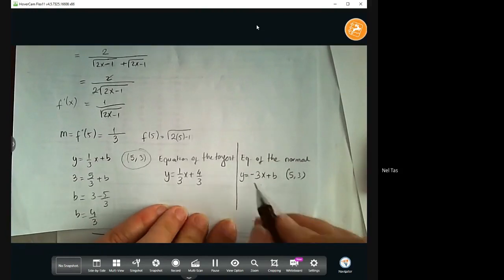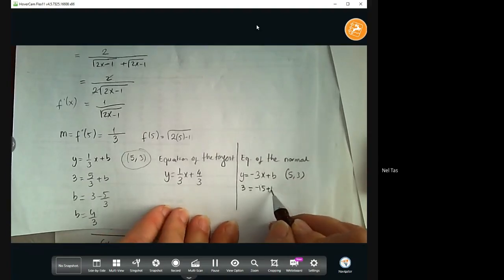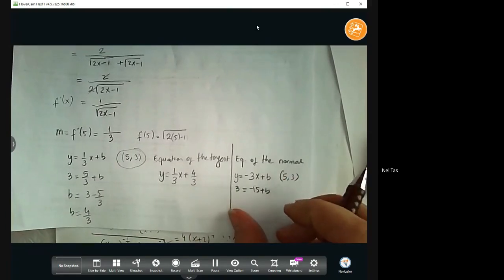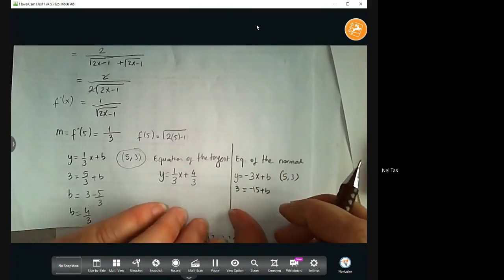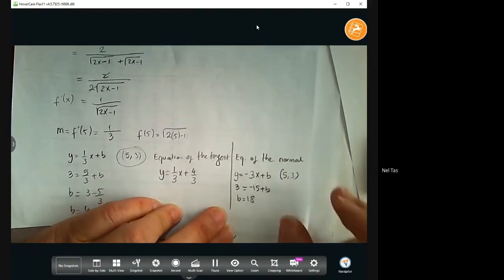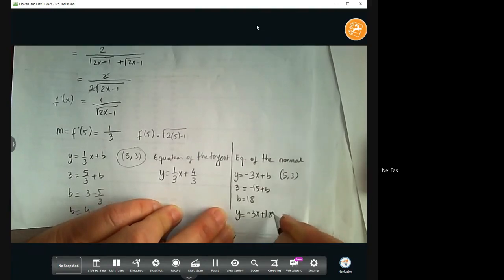So 3 equals negative 15 plus b, and we get 18 here. So y equals negative 3x plus 18 is the equation of the normal.